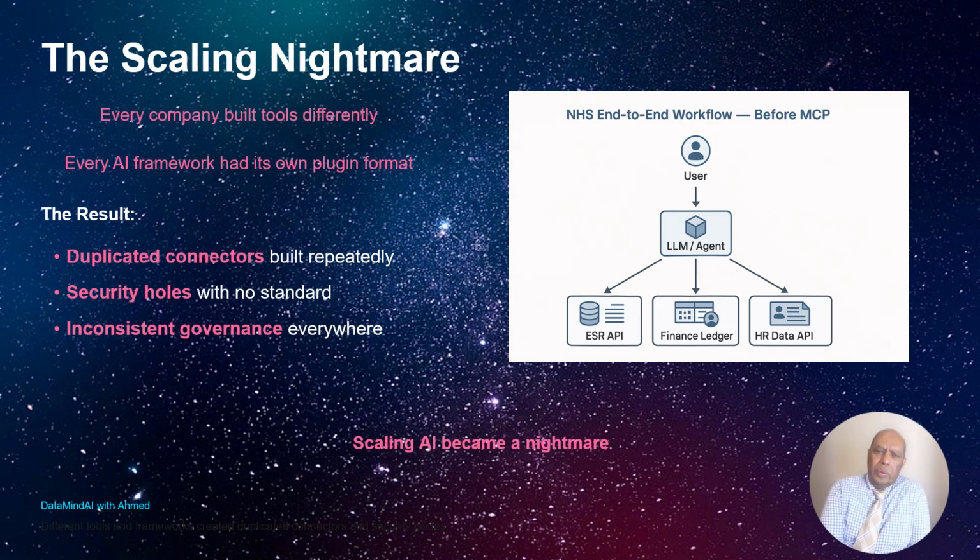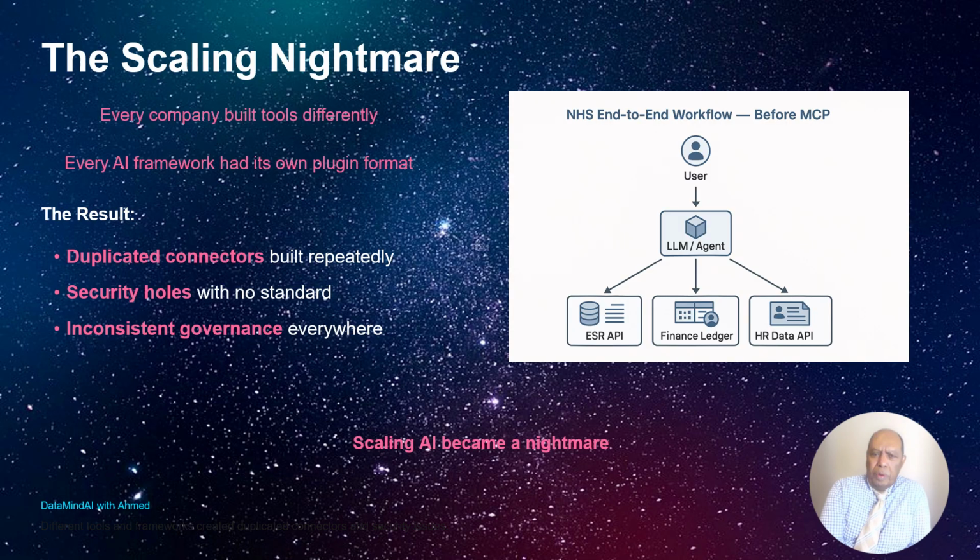The result: we ended up with duplicated connectors being built repeatedly for the same systems across different companies and different frameworks. We had security holes appearing constantly because every implementation handled security differently or didn't handle it at all.